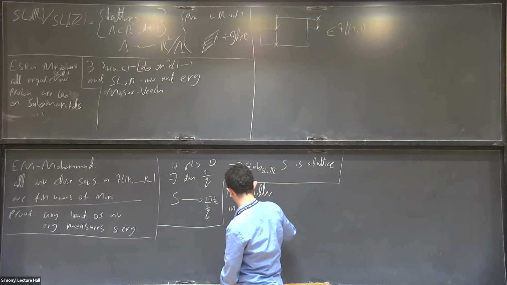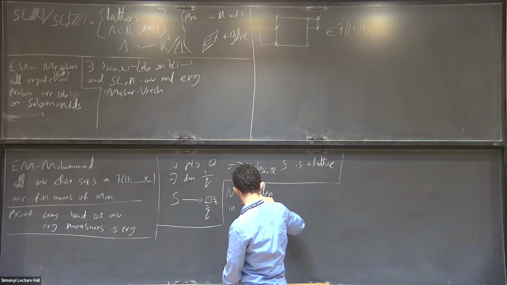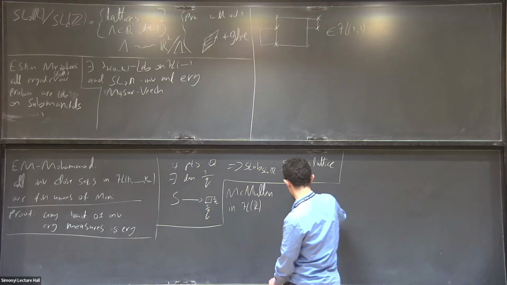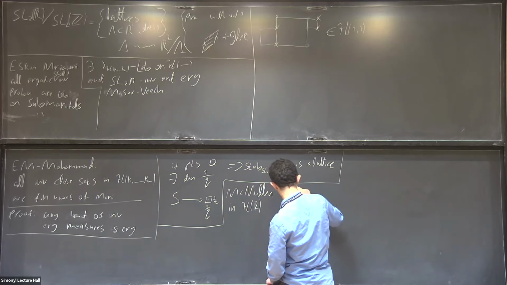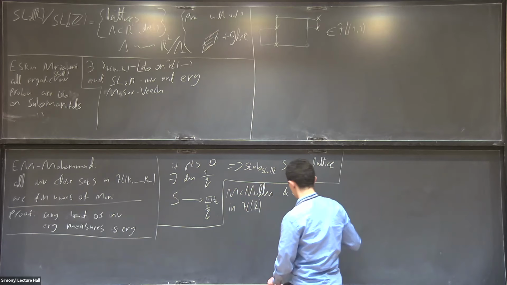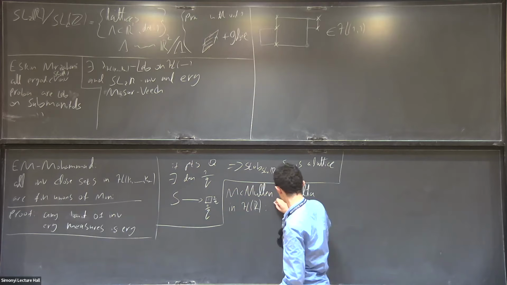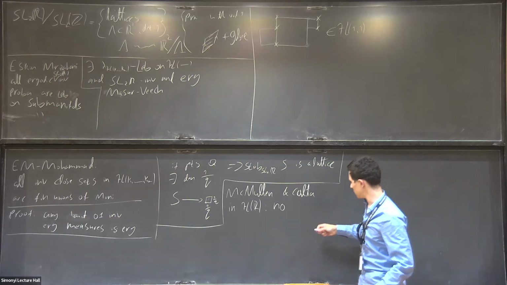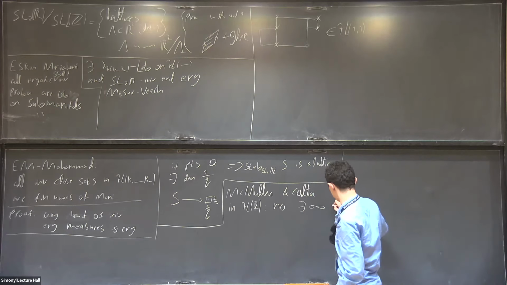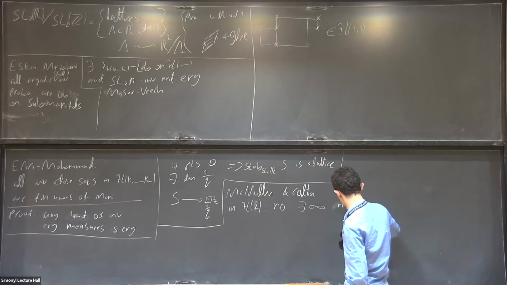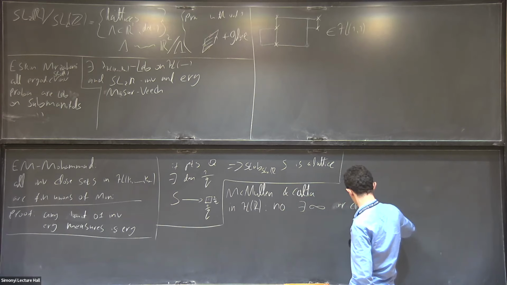In H2, there exist infinitely many rational periodic orbits.